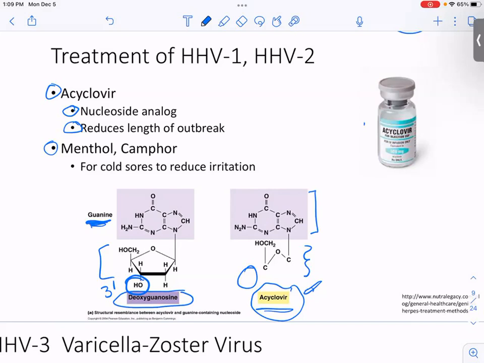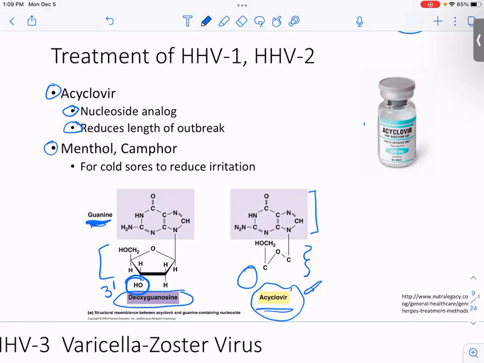So not to keep somebody from contracting it, but after they're already infected. It's not approved by the FDA. I imagine that it's not terribly effective, and that's why it hasn't been approved. But they are working on an RNA vaccine that would be helpful for herpes treatment, but it's not out yet.